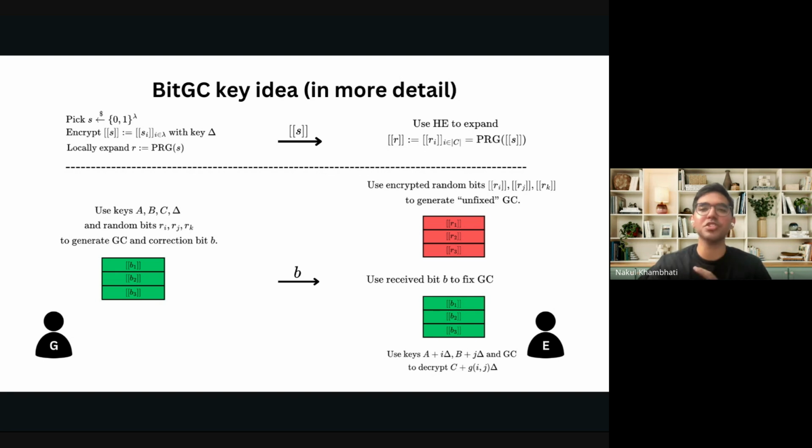For the next few minutes, we're going to try and understand some more details about these steps. For now, appreciate that we've moved to a different garbling framework. We're not encrypting keys, we're encrypting bits, and we're just using one bit to correct an unfixed GC that the evaluator has.